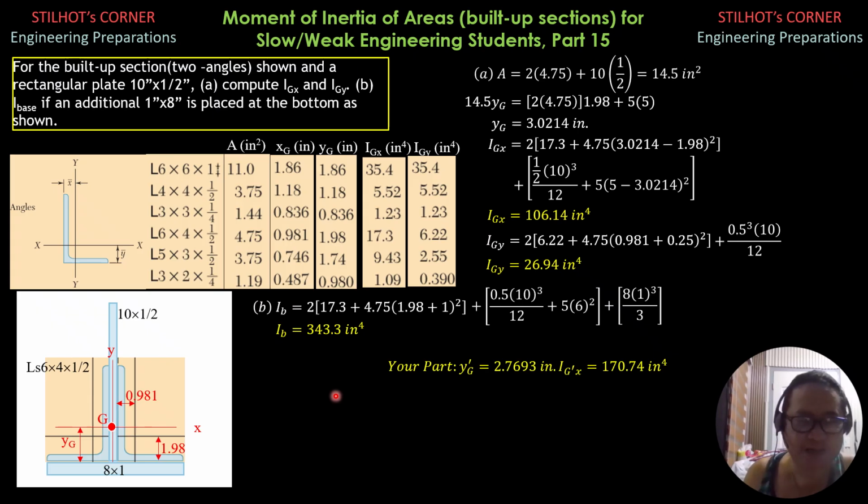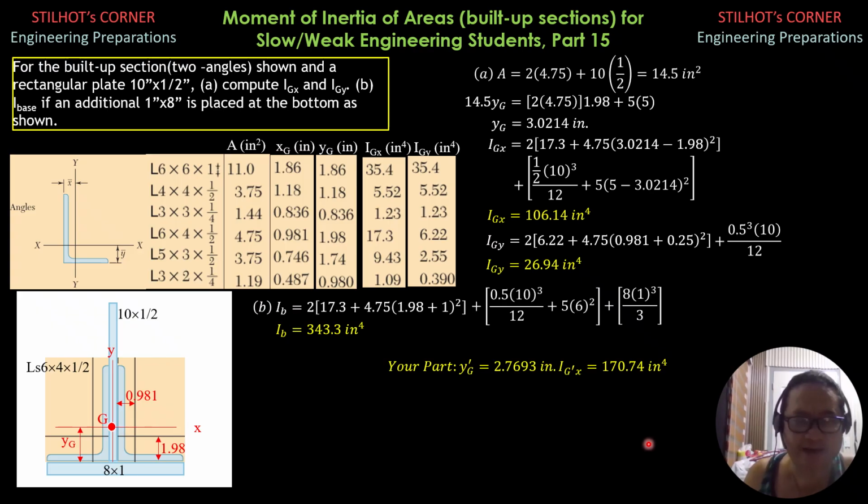But as I said, you have to locate the new centroid first. After locating the new centroid, transfer the moment of inertia with respect to the centroidal x-axis of each section to that new location. That's the longer way, but you will learn from that approach.